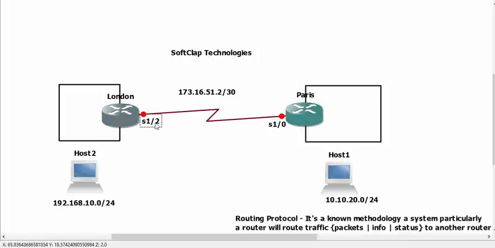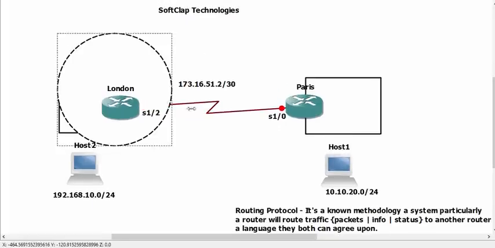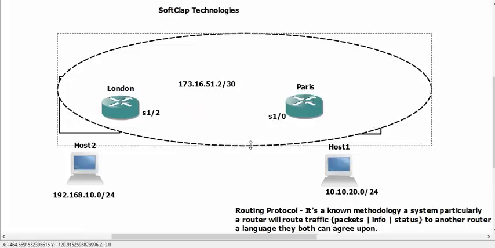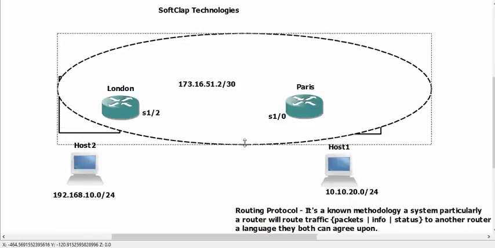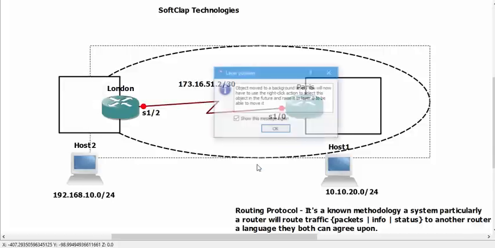Now, with OSPF, if we can be in one area, that is, if we can be in one neighborhood, we can talk to each other. So we will stick an area here, and that's the whole area. This area will cover London, and let me see if I can lower it one area.